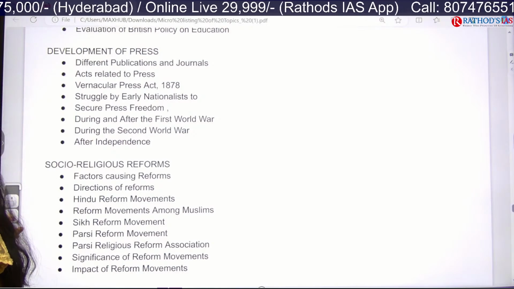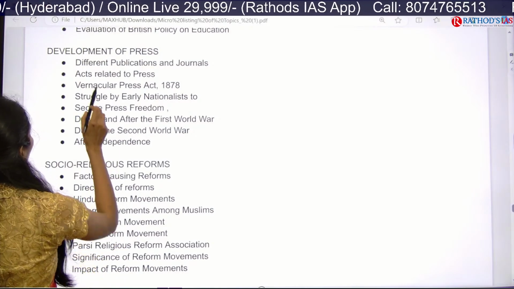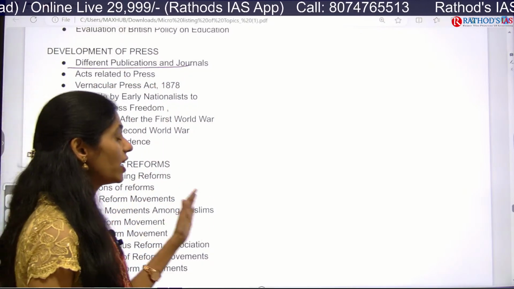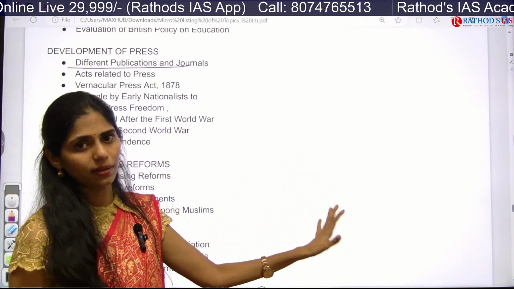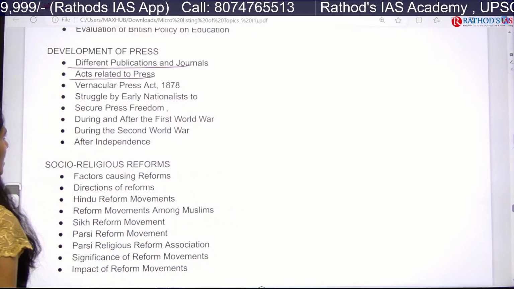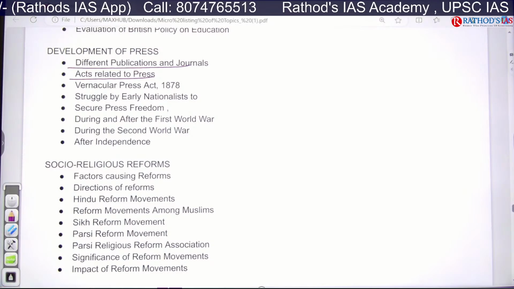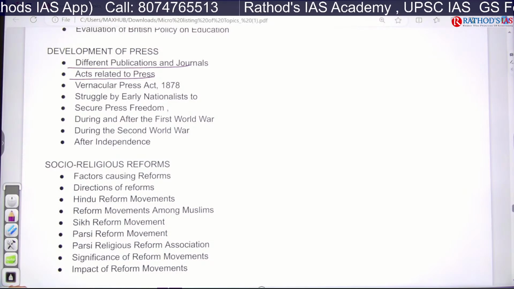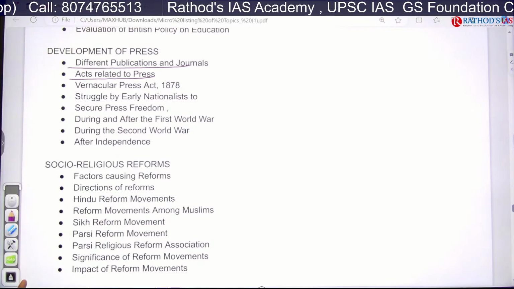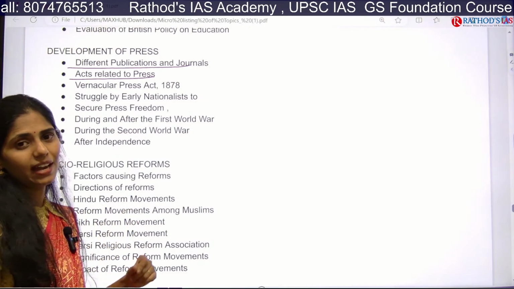Next, you have to know about different publications and journals, which language, and by which author. And next are the acts related to the press, that is the Vernacular Press Act, and you have to see press freedom in India and how the press has changed after independence.